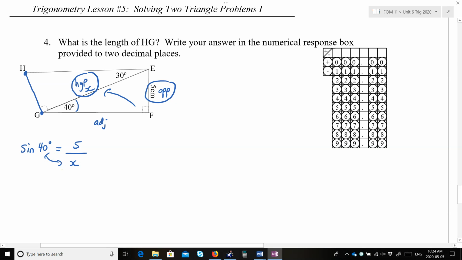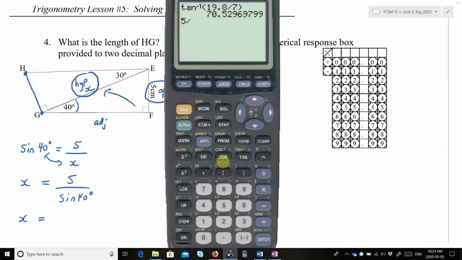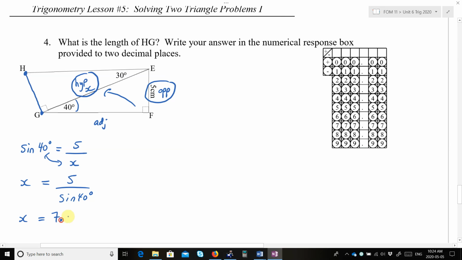And remember that these two switch in this scenario. 5 over sine 40. So we go 5 over sine 40, and we get 7.8 centimeters.